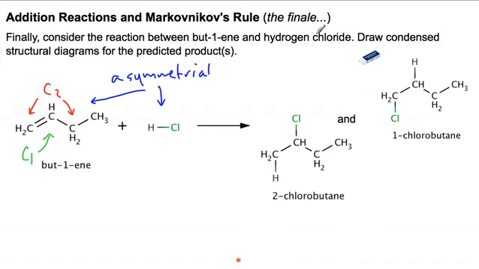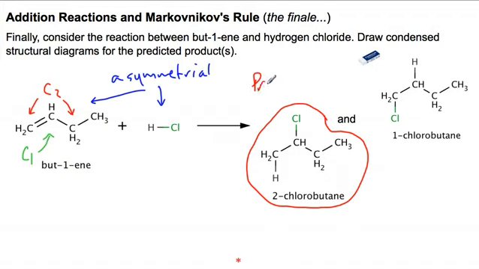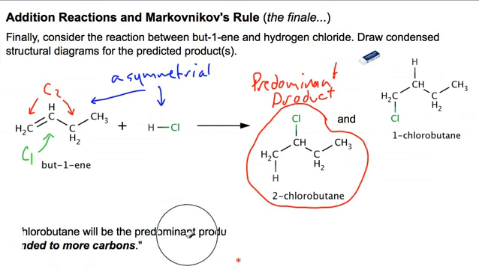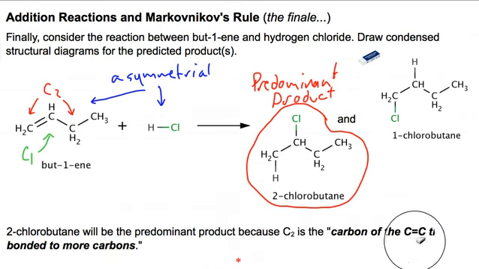So according to Markovnikov's rule, the carbon that is bonded to more carbons gets the functional group. That means it gets the chlorine. So there is our predominant product, 2-chlorobutane. 2-chlorobutane would be predicted as the predominant product, and it is indeed the predominant product because C2 is the carbon of that bond that is bonded to more carbons.